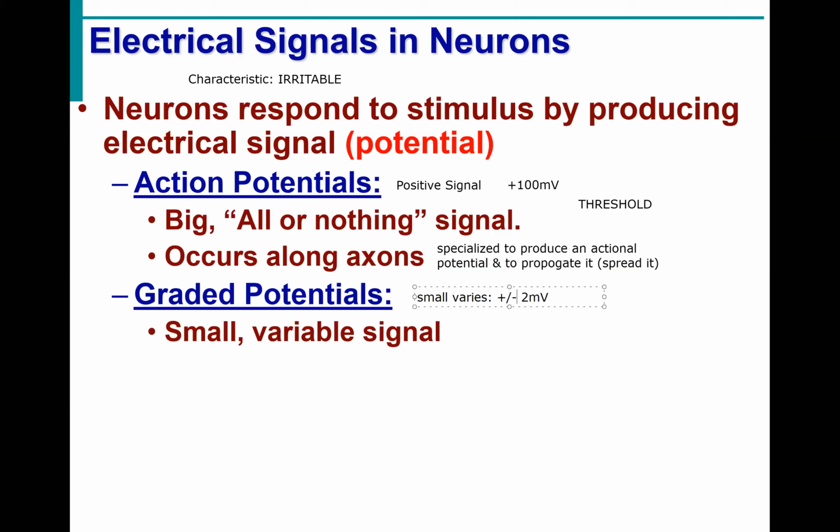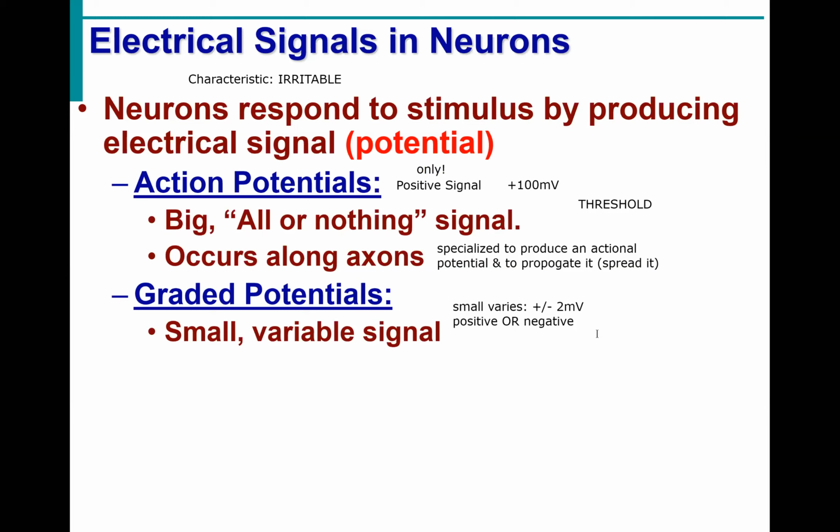And that's one of the other huge keys to our graded potentials. They can be positive or negative. Remember, our action potential is only positive. A graded potential can be positive or it can be negative. It can vary in size.